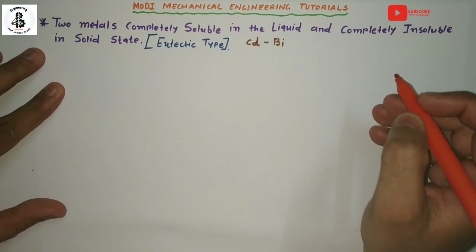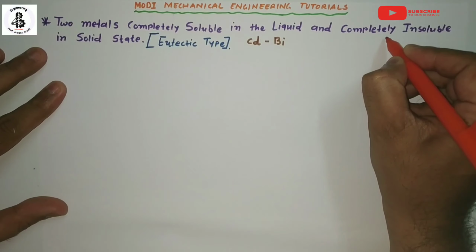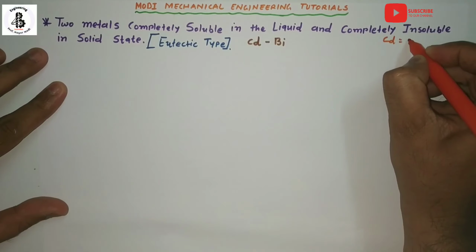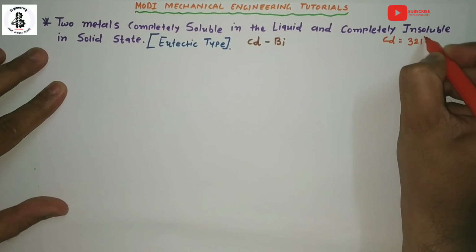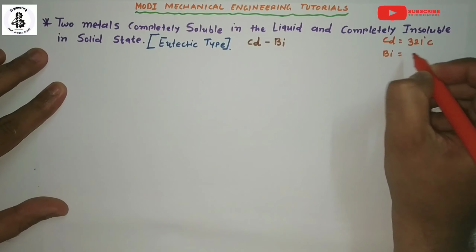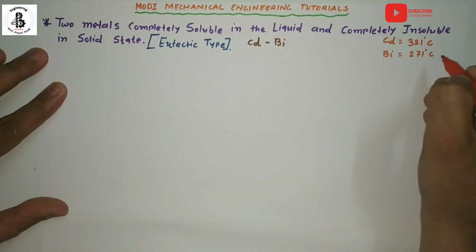So let's take the melting points of cadmium and bismuth. Cadmium has a melting point of around 321 degrees centigrade, and bismuth has a melting point of around 271 degrees centigrade.